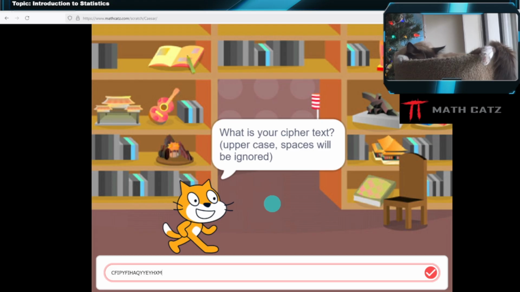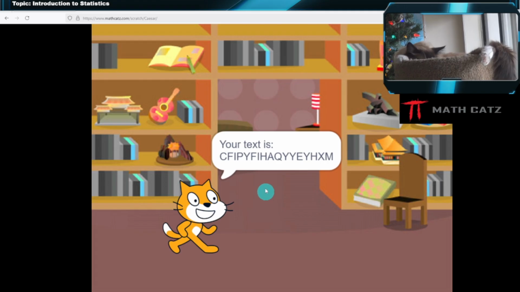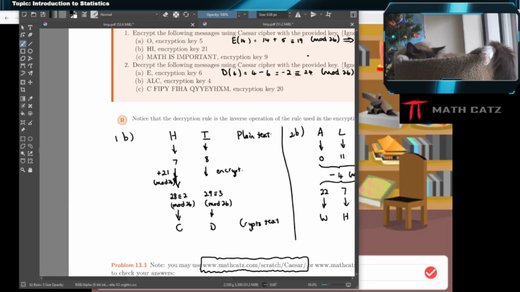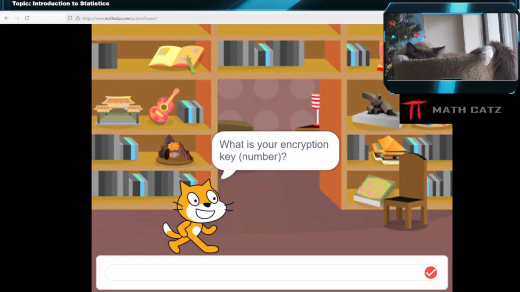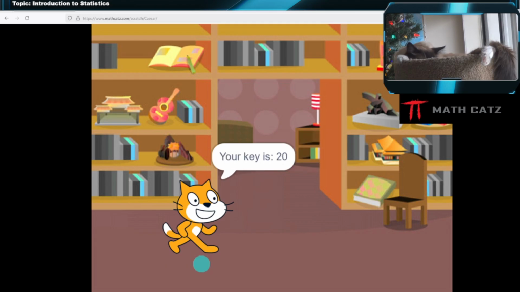CFIPYFIHAQYYEYHXM. Hopefully I did that right. Enter. That's my text. Now in this one, our encryption key is 20. Enter.